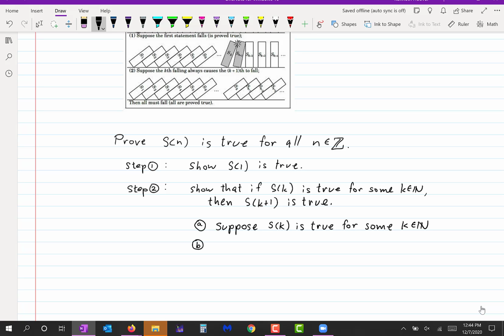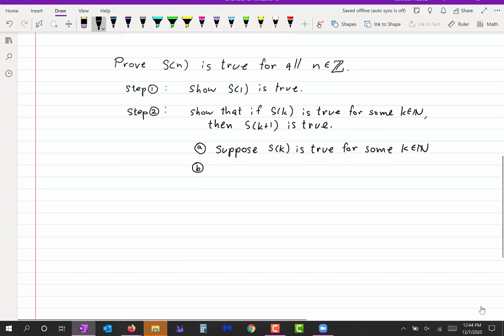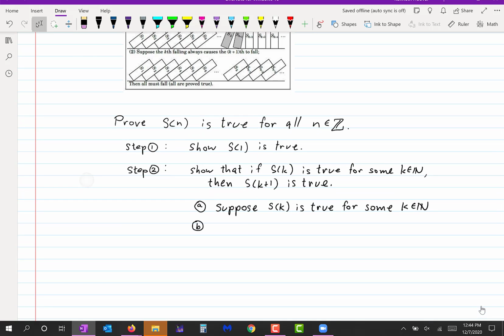So all you have to do is write it down. Okay? Part B, you have to do yourself, which is show that S of k plus 1 will then be true.